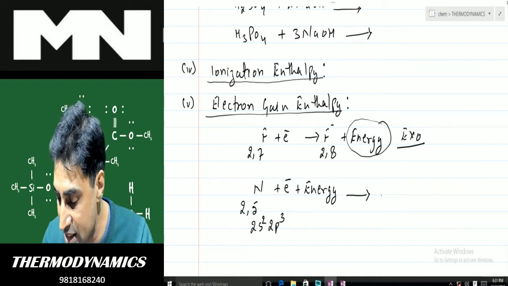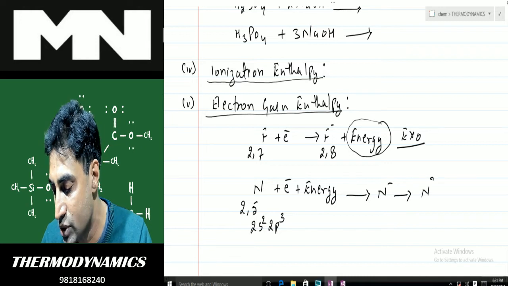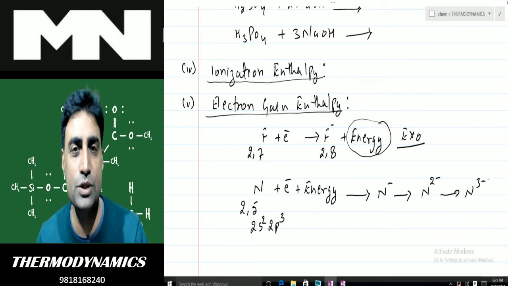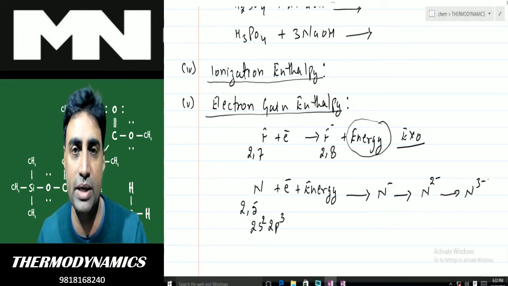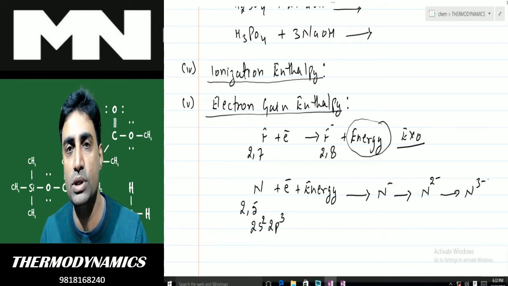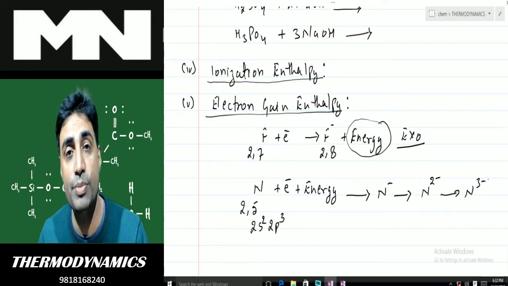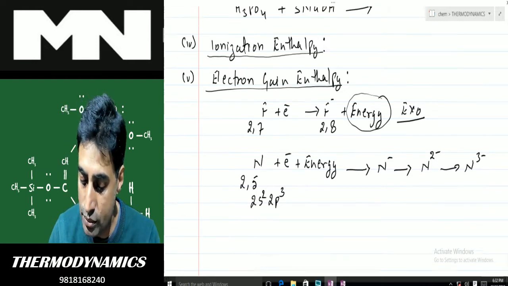So if it becomes N negative, or on further adding it becomes N2 negative, or N3 negative, in this case we are using energy, we are applying energy. That means it is endothermic. So addition of an electron to an isolated gaseous atom can be exothermic or endothermic. So it is the enthalpy change accompanying the process of addition of an electron to an isolated gaseous atom.